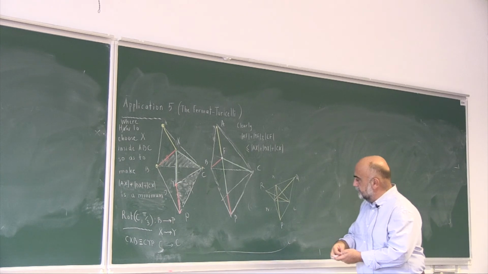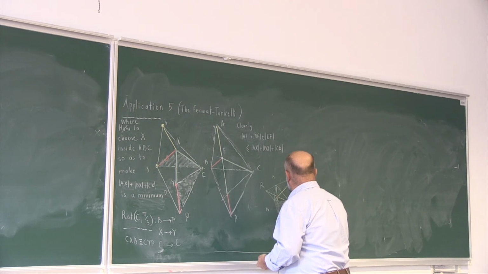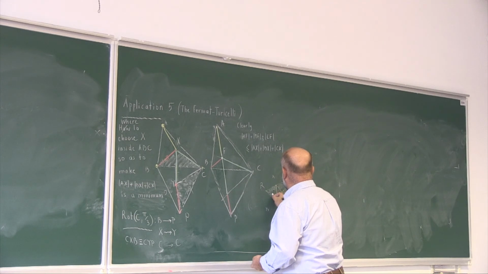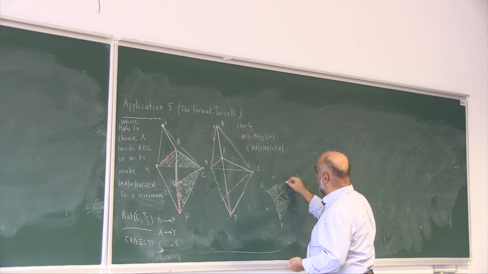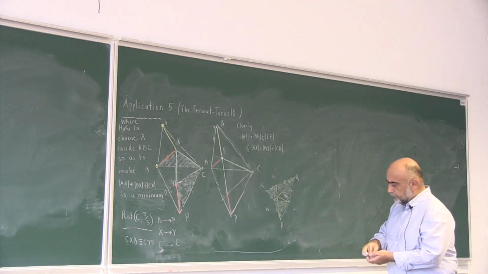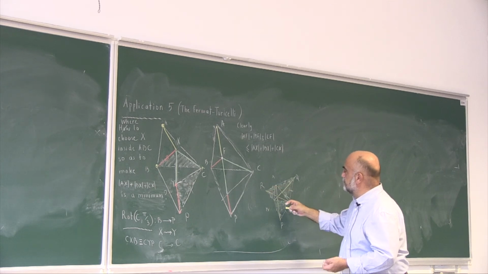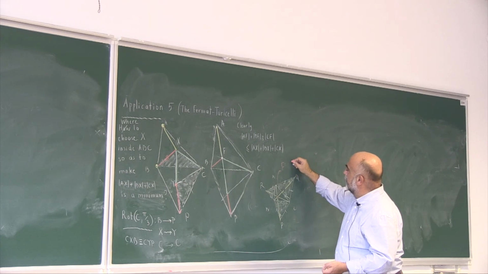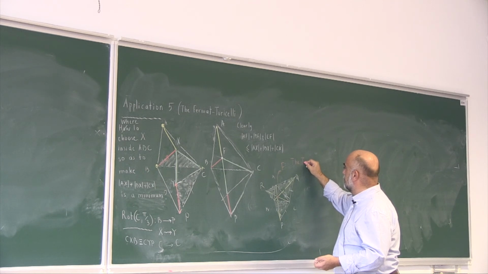So let me make it absolutely clear that this is an equilateral triangle, this is an equilateral triangle, and this is an equilateral triangle. Okay, so if you take these three lines, they must be concurrent, and the point where they concur is called the point F, and it is referred to as the Torricelli point, actually.